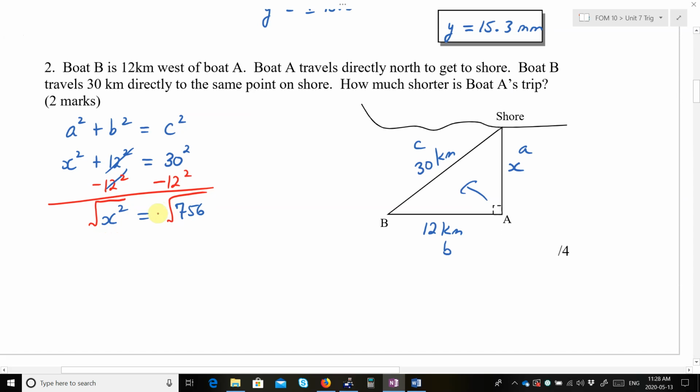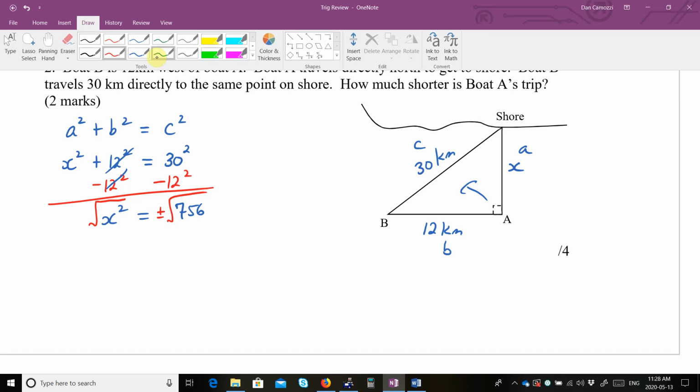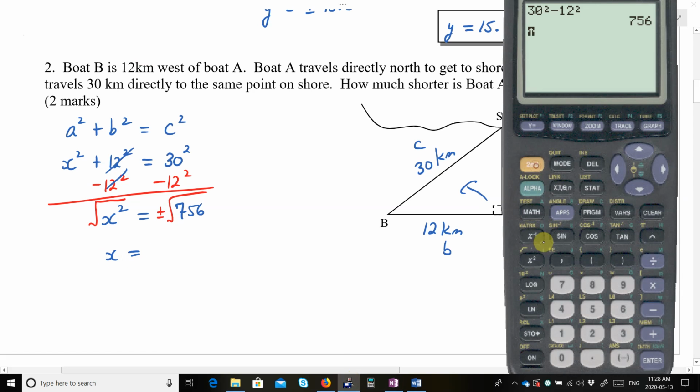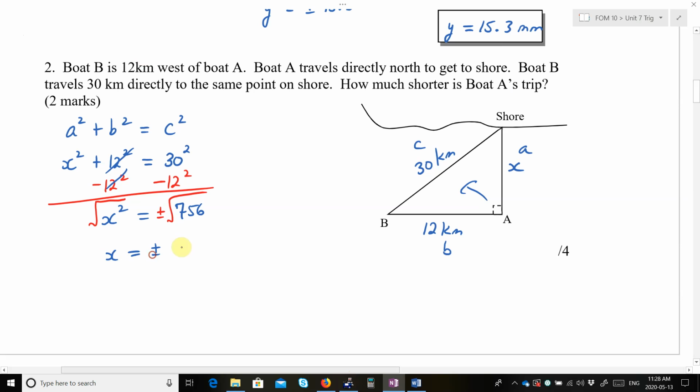Go square root, square root. So x is equal to the square root of 756, which is 27.5 roughly. So technically, mathematically, we would have plus or minus 27.5. We are going to reject the negative answer. Okay, so x is equal to 27.5 kilometers.